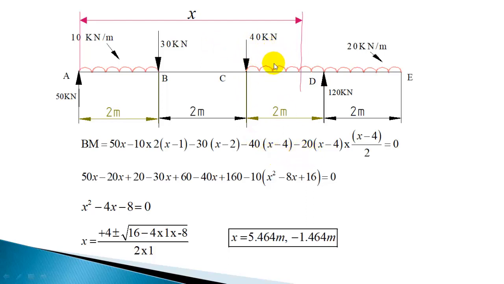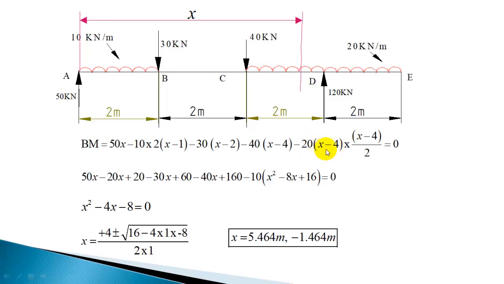Now the next part of the load is this UDL. 20 is the intensity of load, and this distance you should know. This distance is x minus 4, because you subtract 4 from x. So 20 is the intensity of load into the distance x minus 4.